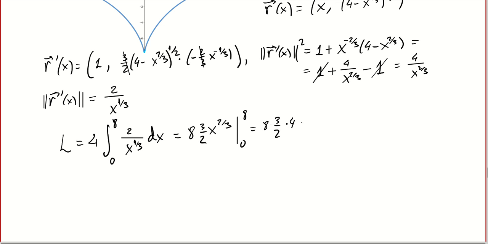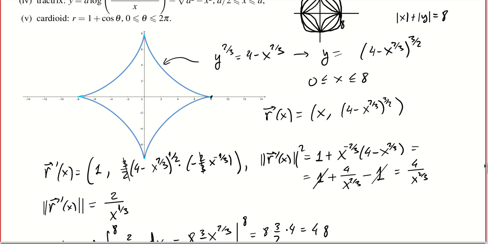So what we have here is 8 over 2 is 4, so 4 times 3 is 12, and times 4 is 48. So 48 is the length of this astroid, this particular astroid that we have here, with this particular radius.